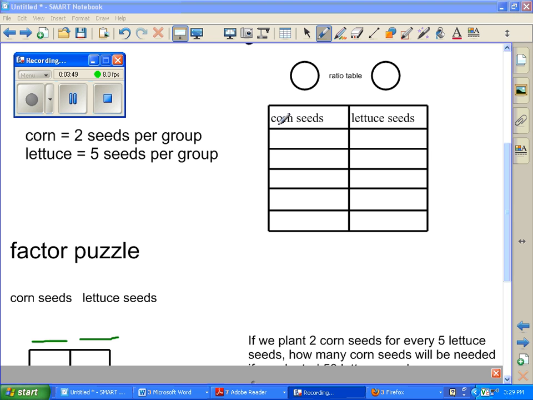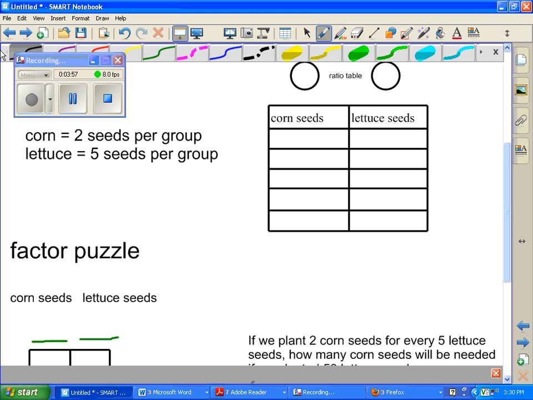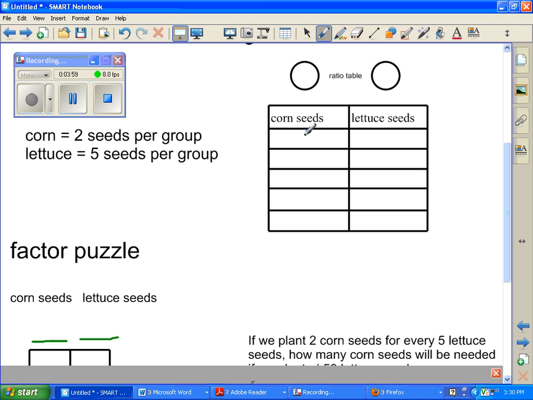All right, let's fill out this table. Corn equals 2 seeds per group, lettuce equals 5 per group. So for corn, we start off with 0, 2, 4, 6, 8.